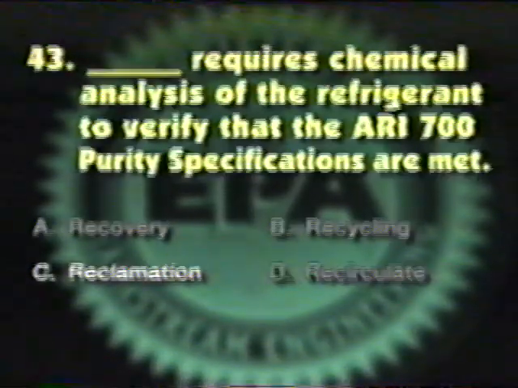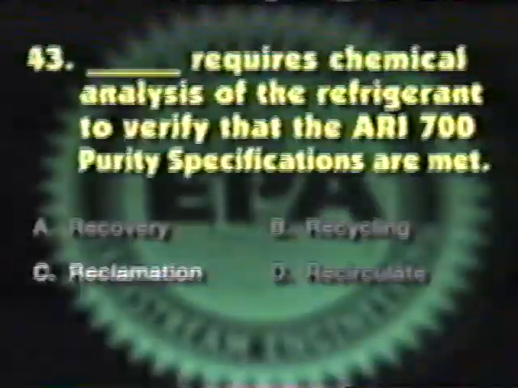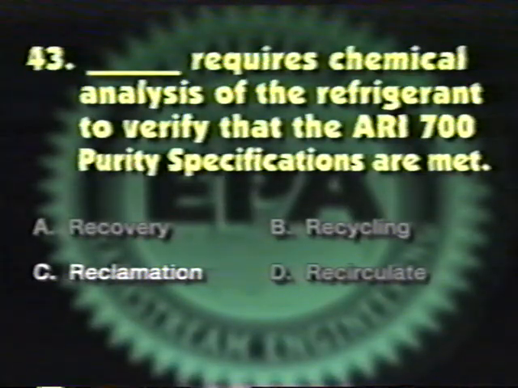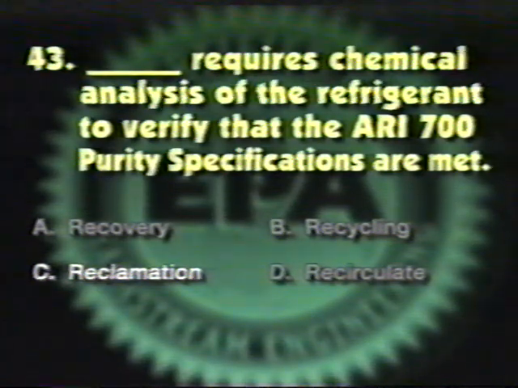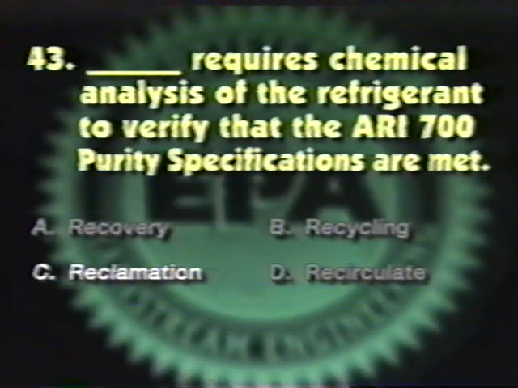The answer is C. Reclamation means to reprocess refrigerant to at least the purity specified in the ARI Standard 700 specifications for fluorocarbon refrigerants, and to verify this purity using the analytical test procedures described in the standard.